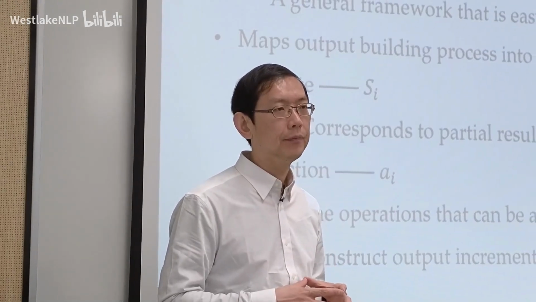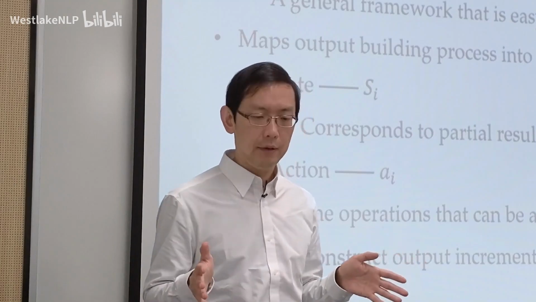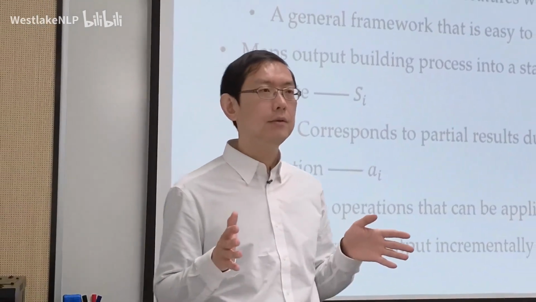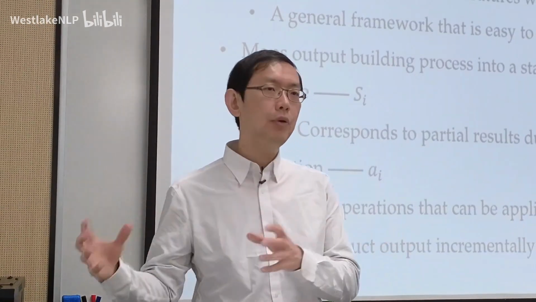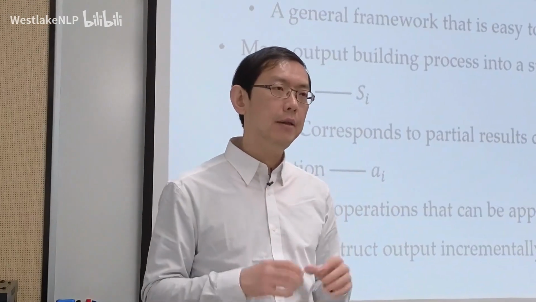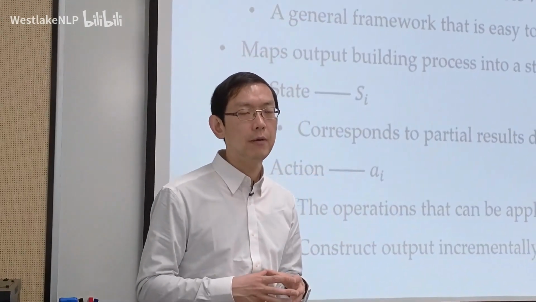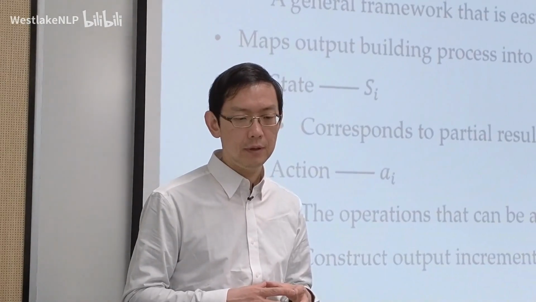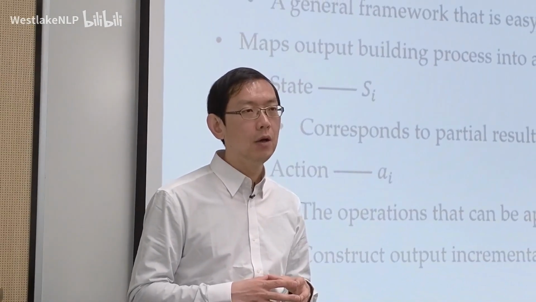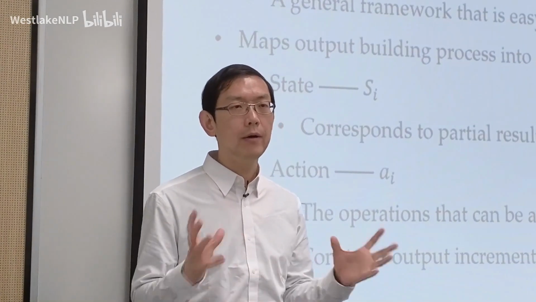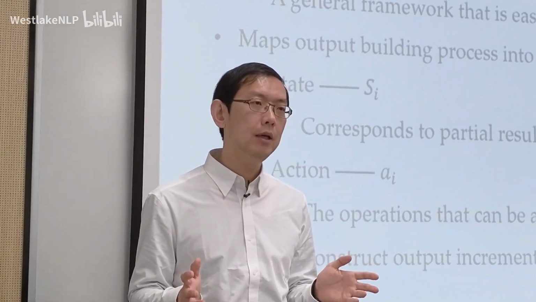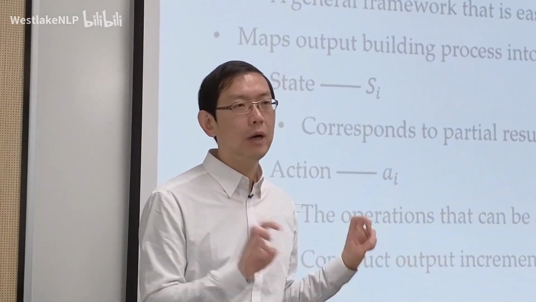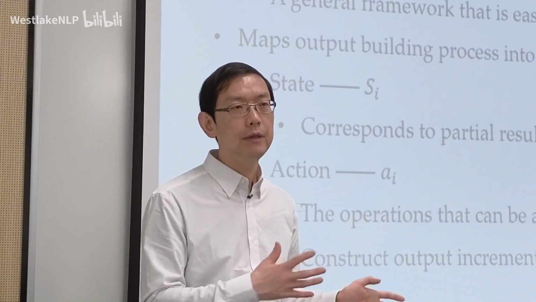The modeling target is the state transition process rather than the output structures directly. Because of this, we call our paradigm transition-based paradigm in contrast to graph-based paradigm in the previous few lectures.